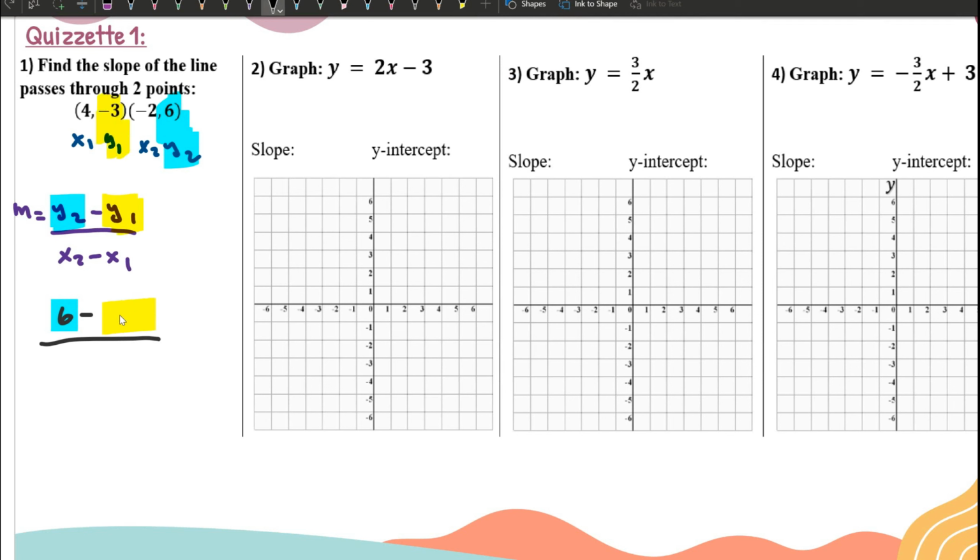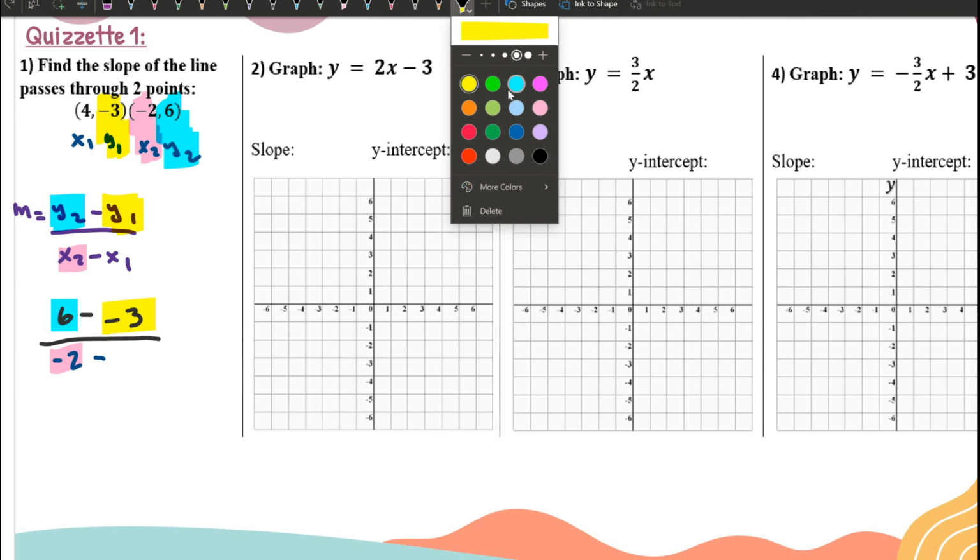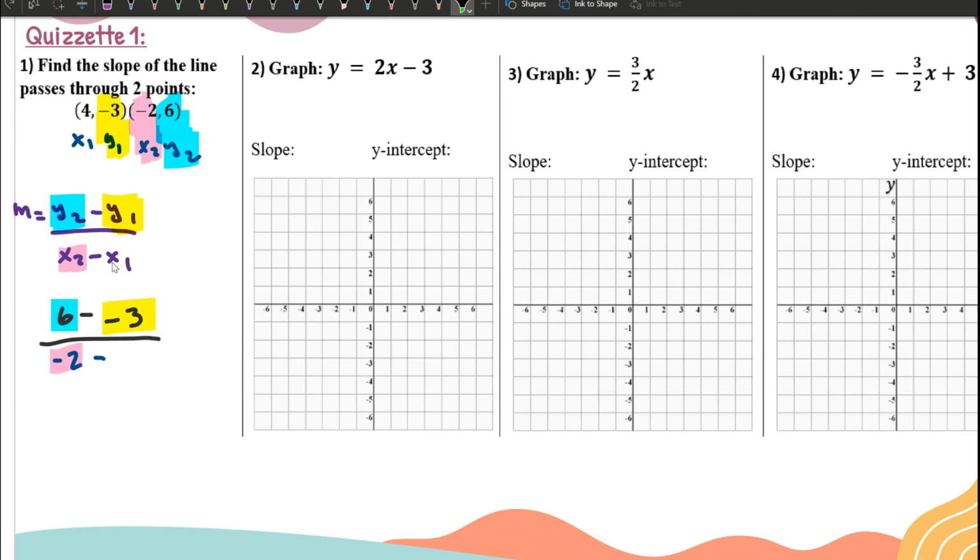The first negative sign comes from the formula, the second negative sign comes from the number itself. x2 is negative 2, so we have negative 2 minus x1, which is 4. Minus 4.